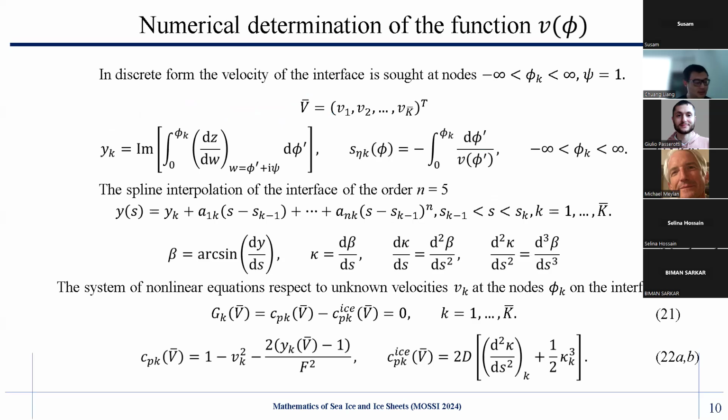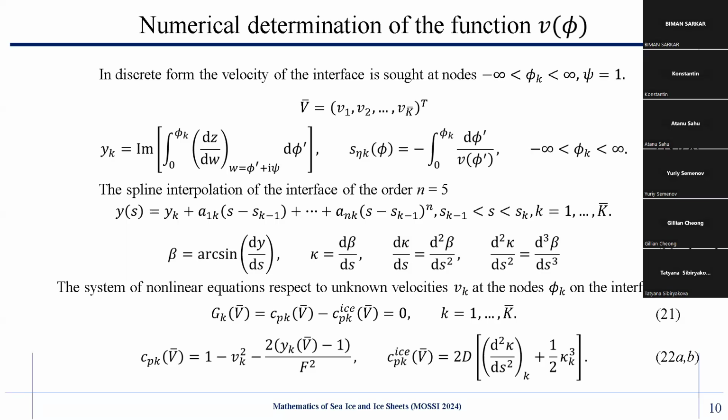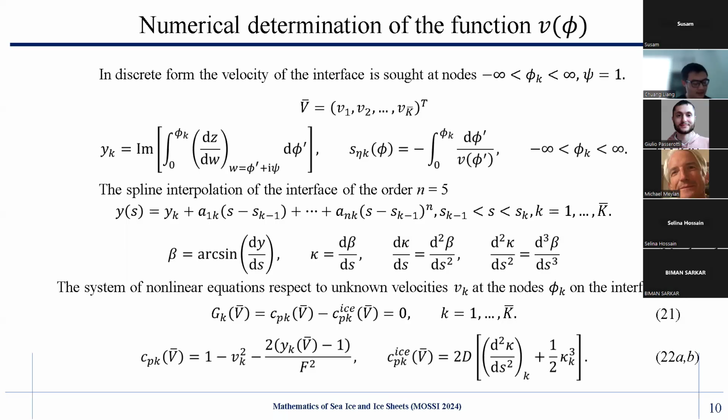Okay, the unknown function of the velocity magnitude is obtained numerically. In discrete form, the velocity on the interface is sought at nodes phi_k from minus infinity to infinity, and psi equals 1. We calculate the shape of the interface. Then using spline interpolation, we can determine the curvature and its derivatives.